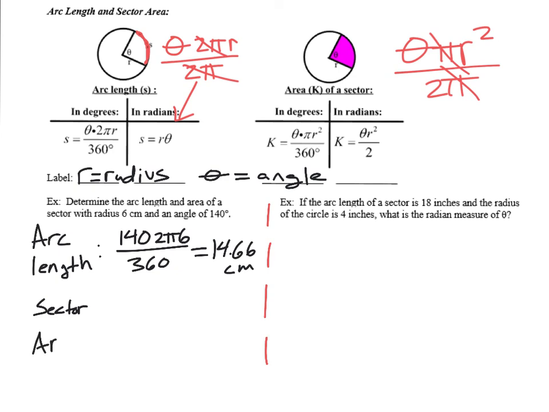It also wants the sector area. Notice on these I identified right away that the angle measurement is in degrees, so I'm not paying any attention to the radian formulas. Can't use those. Got to use the degrees.